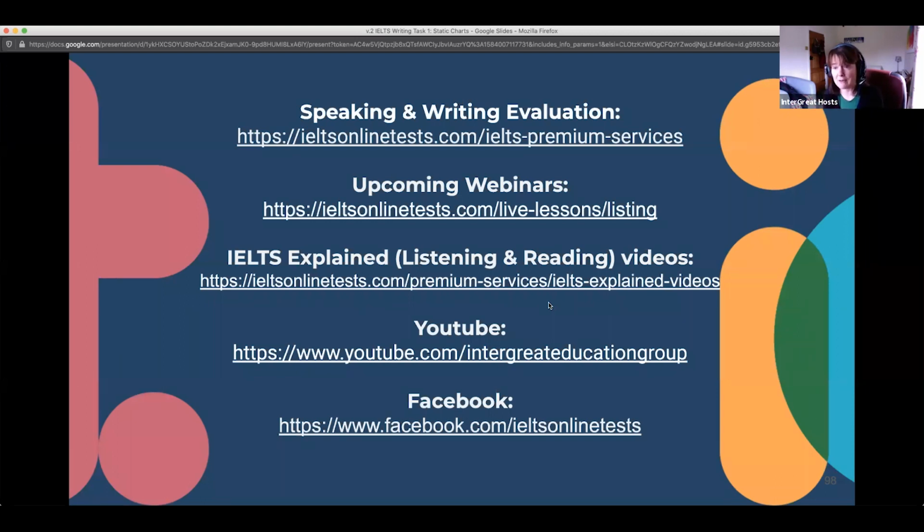If you have 2 pie charts, or a line graph and a pie chart, which is quite common, I would definitely put them in 2 separate paragraphs, okay? It really just makes it much easier, and you can be sure of getting a good mark in the coherence and cohesion section, okay?